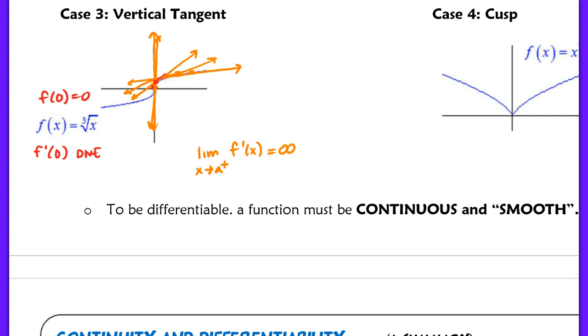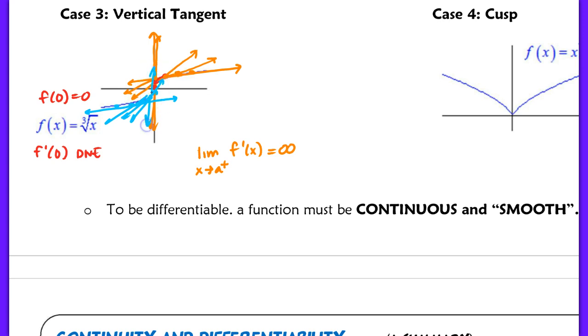Now, if we do the same thing from the left, we draw in a bunch of tangent lines and we examine the slopes. So here we start out far away from 0, and we draw that point closer. Sorry, these are bad lines. But hopefully you're seeing here that that slope is still positive. All of the slopes here would be positive, but they are also going to be so steep that we would call them undefined.